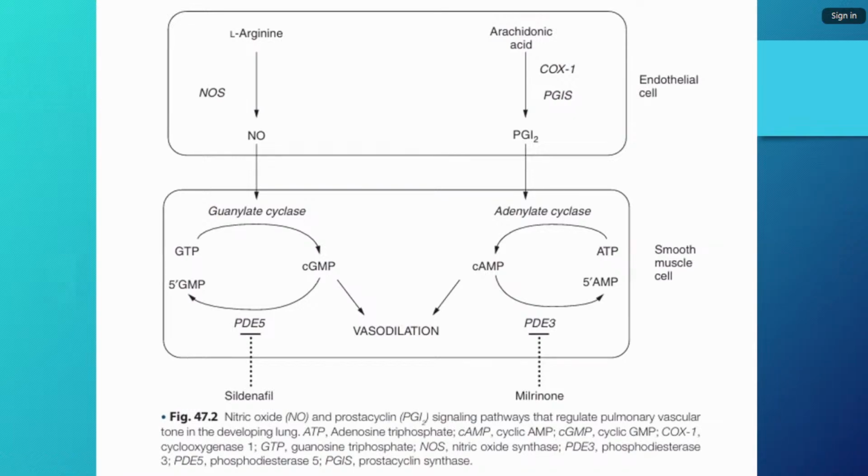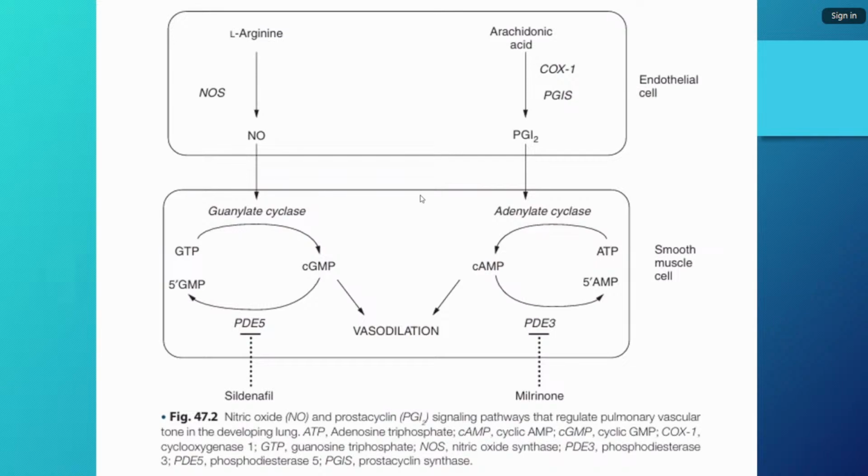This exerts its action through soluble guanylate cyclase, and it increases the cGMP levels. cGMP is a central mediator of vascular relaxation, and PDE5 catalyzes cGMP. So, if we inhibit PDE5, that is through sildenafil, we can use it for the treatment of PPHN.